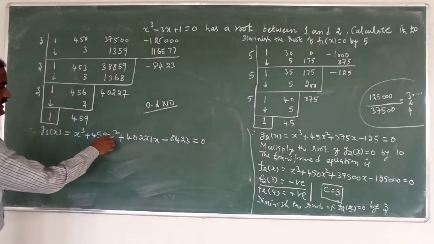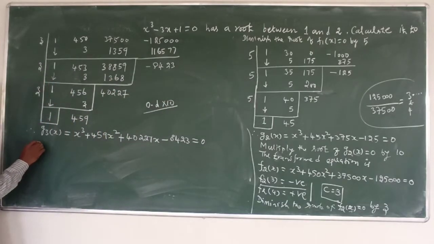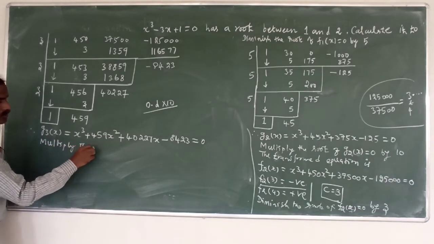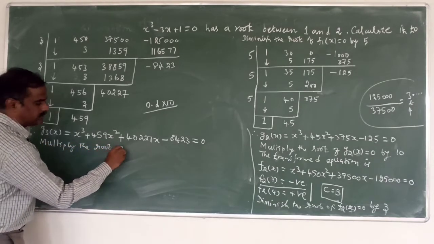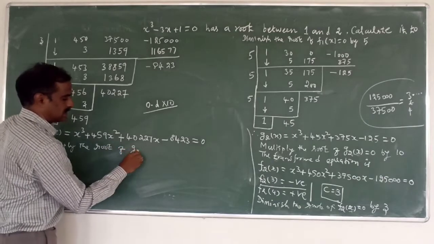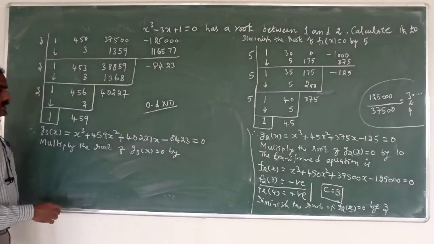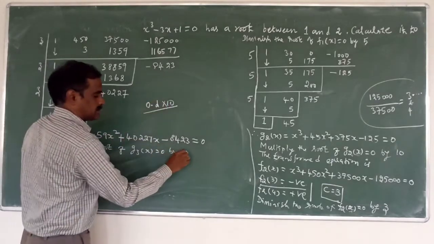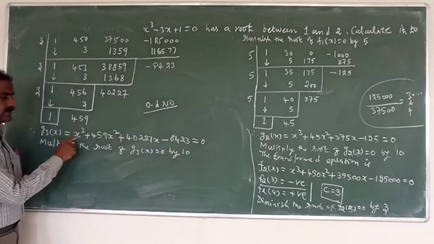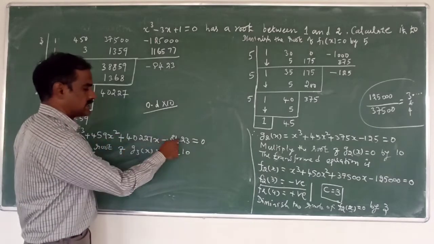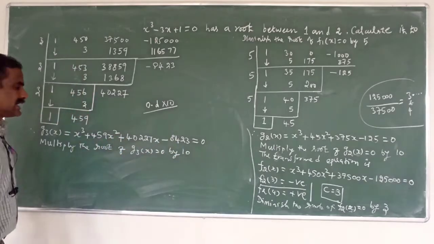Multiply the root of g3 of x equal to 0 by 10. Multiply with 10 means this is for 10 power 0, 10 power 1, 10 power 2 and 10 power 3. We have to multiply.